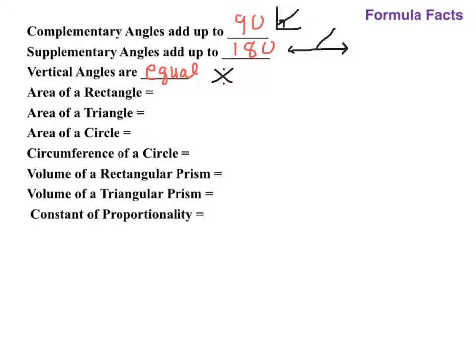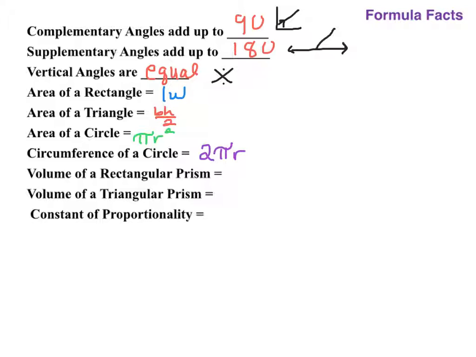are this 90 degrees. Area of a rectangle, length times width. Area of a triangle, base times height divided by 2. Area of a circle, pi r squared. Circumference of a circle, 2 pi r.